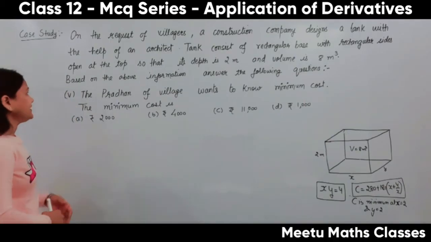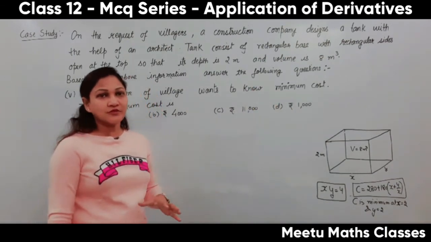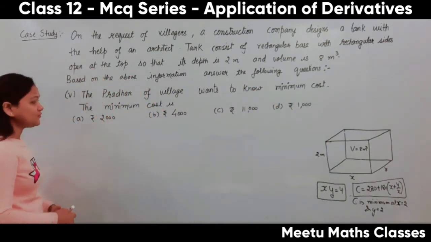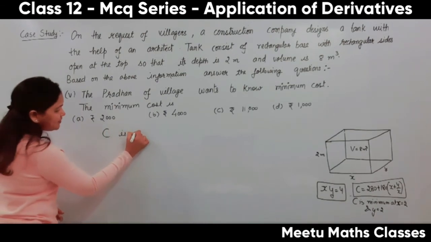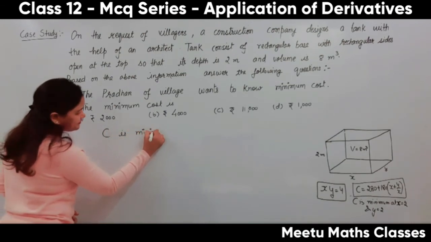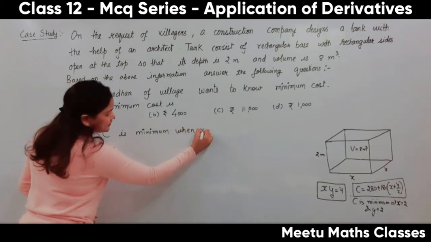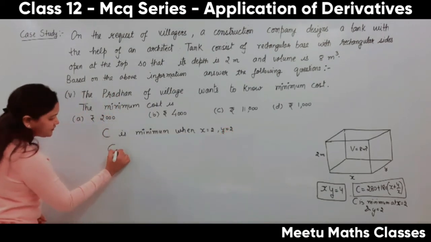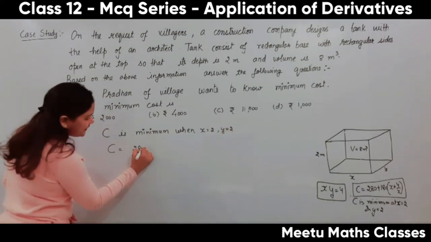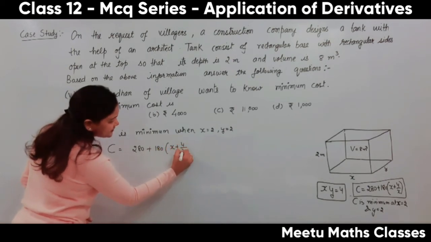Your fifth part says the Pradhan of the village wants to know the minimum cost of the tank. So the minimum cost will be, we know that your cost C is minimum when x equals 2 and y equals 2, and your cost function is 280 plus 180 into x plus 4 by x.